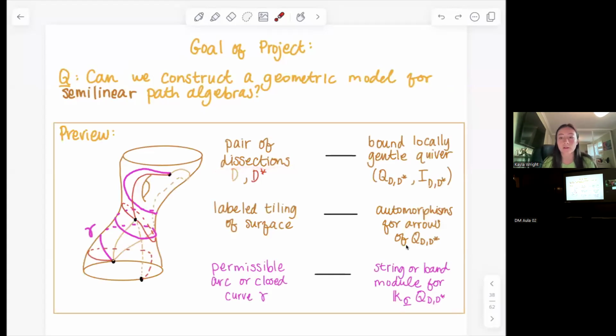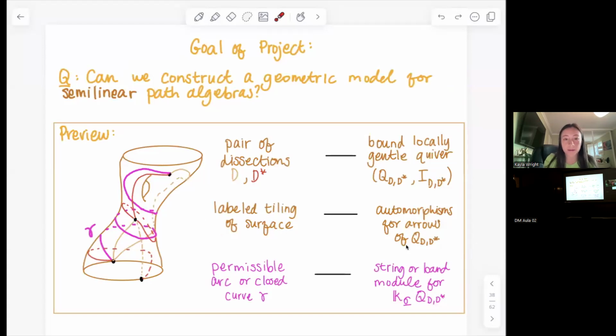That just means that there is some collection of non-crossing arcs on a surface, but maybe they're not maximal in some way. The automorphisms of the arrows that are giving our semilinearity are going to be realized by what we call a labeled tiling of the surface. And it turns out that you can look at all of the indecomposable modules for these algebras as strings and bands. These are going to look like certain arcs and closed curves on the surface.